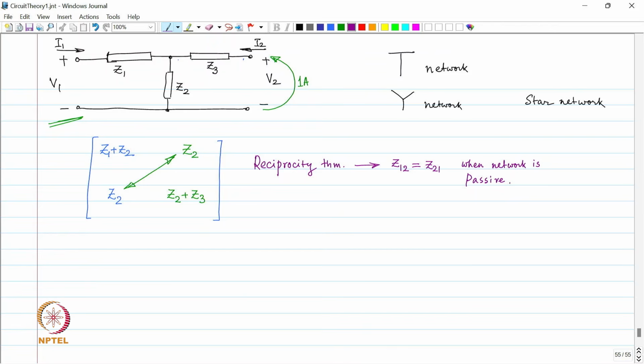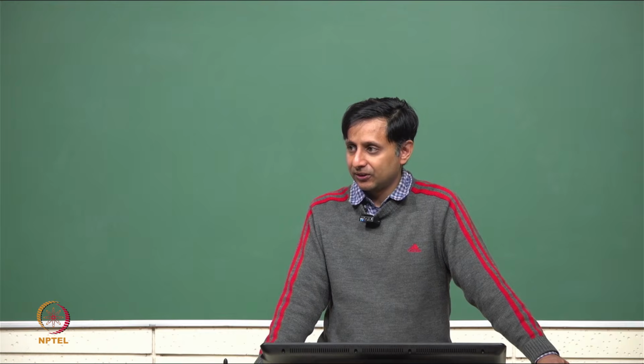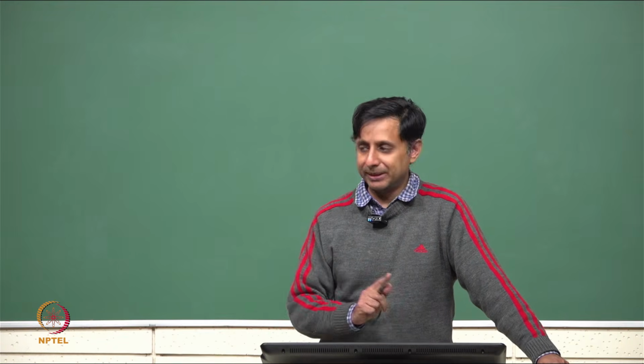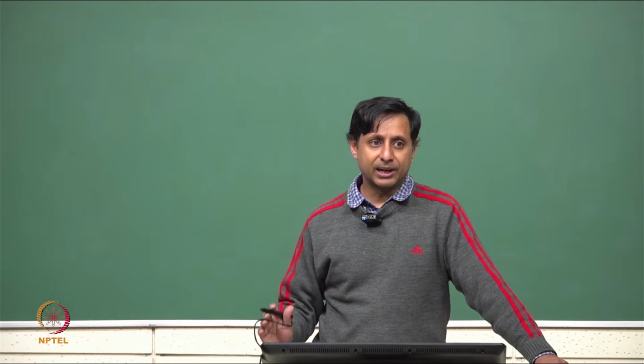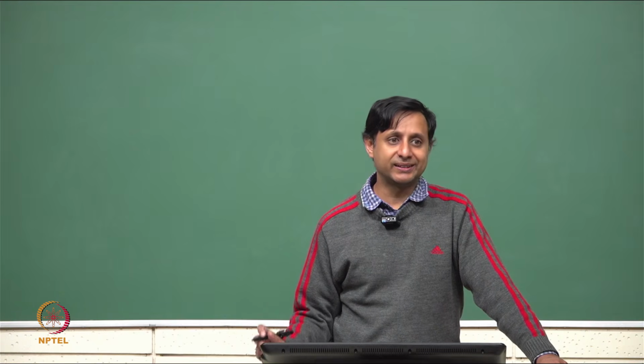Any questions so far? If your network has active components like controlled sources, then the matrix is not going to come out to be symmetric. But otherwise, if you have passive components, then symmetry is guaranteed.